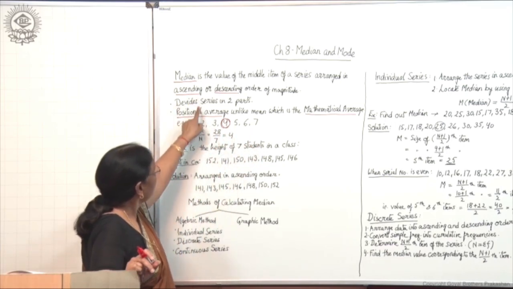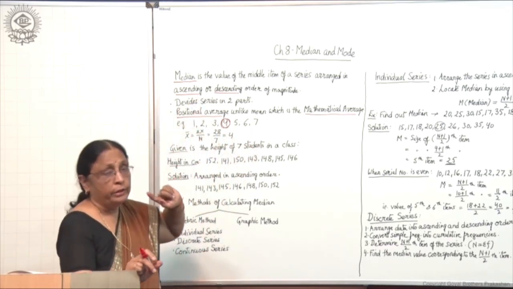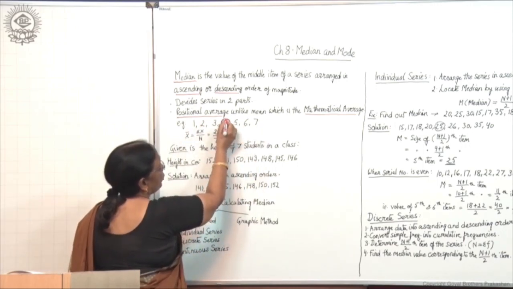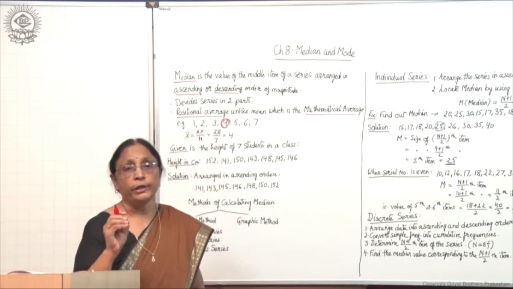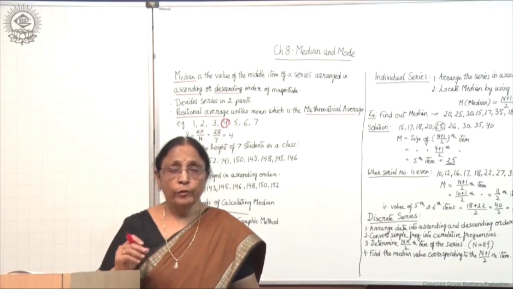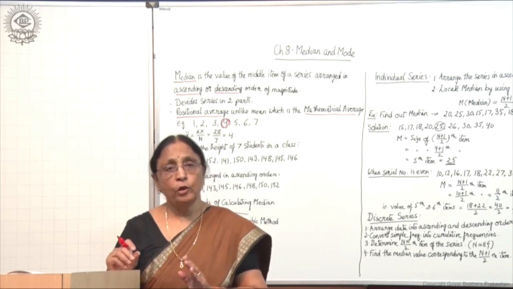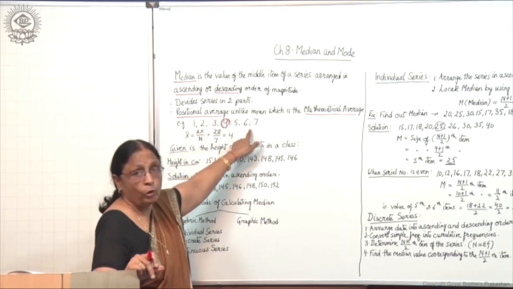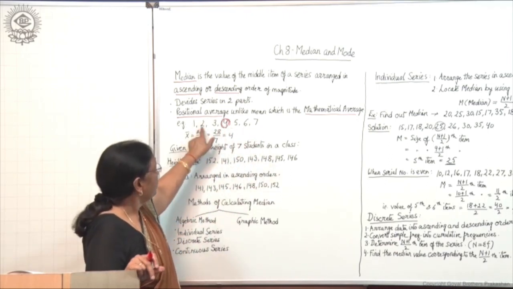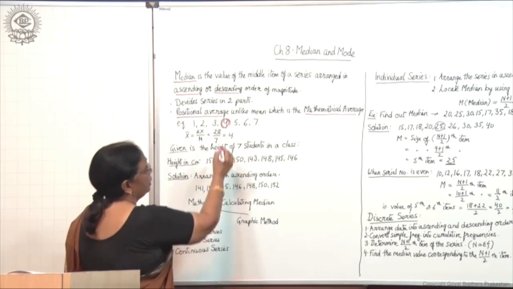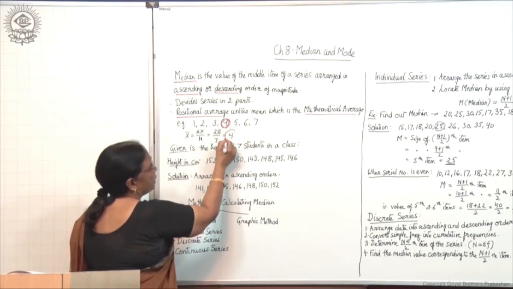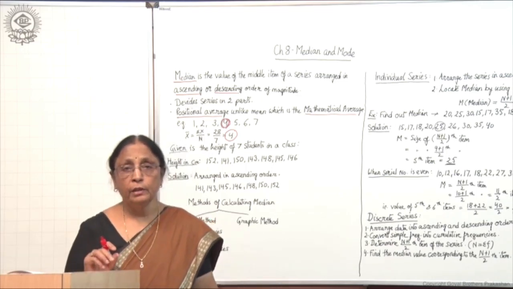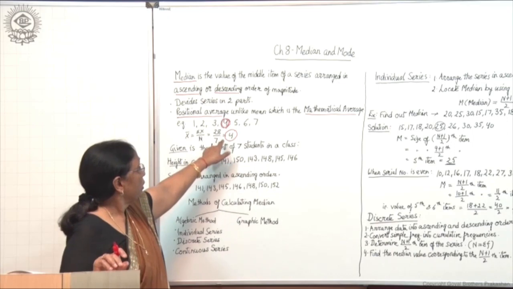But median is a positional average. That means it is not considering all the figures, it just locates the central figure and calls it median, provided the data is arranged in ascending or descending order. Here the data is already arranged in ascending order, so I have not changed it, and by observing you can clearly locate median as 4, and by arithmetic mean the answer is also 4.